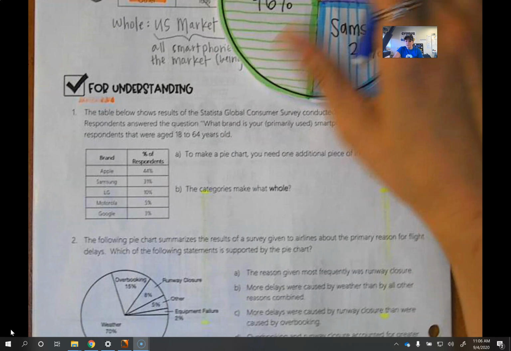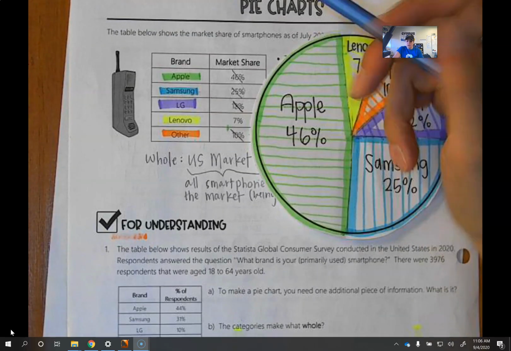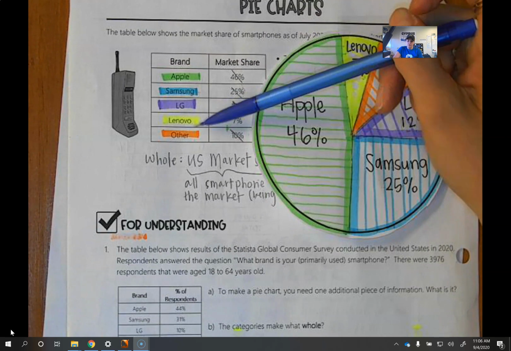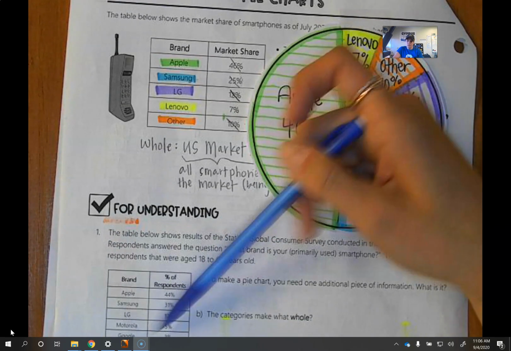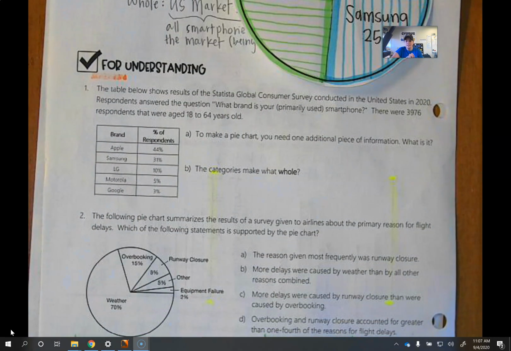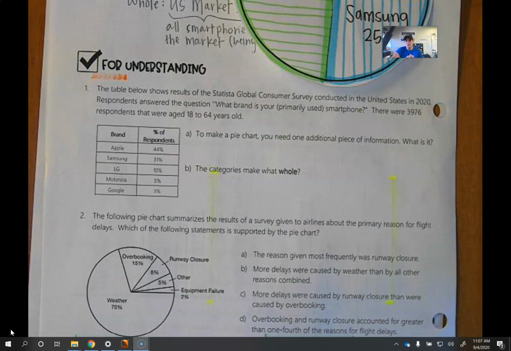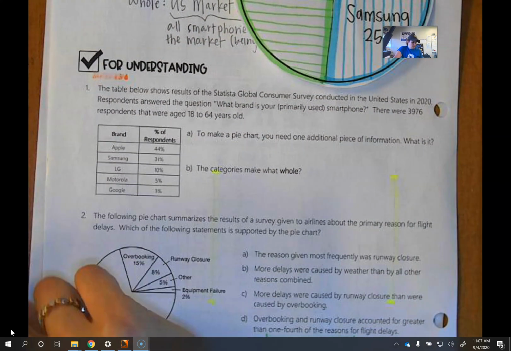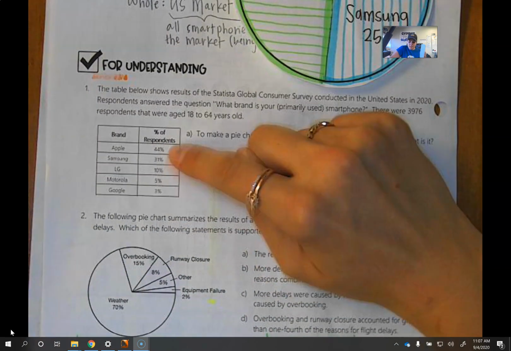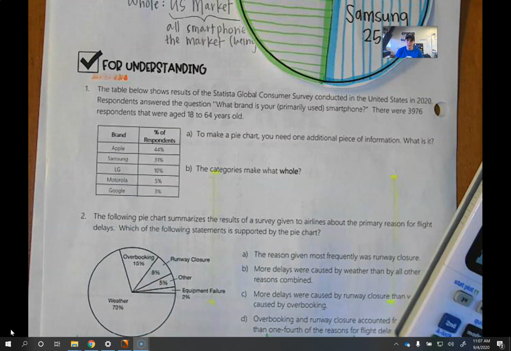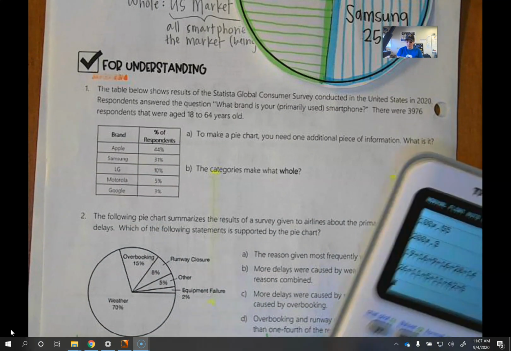But in my last problem, there was this brand Lenovo, and Lenovo isn't included in here. And I wonder if there are other brands that aren't included. Like my husband has a Google Fi phone. That's not included here. So maybe I should add up these percents and see what they equal, because it seems like I might be missing a category.